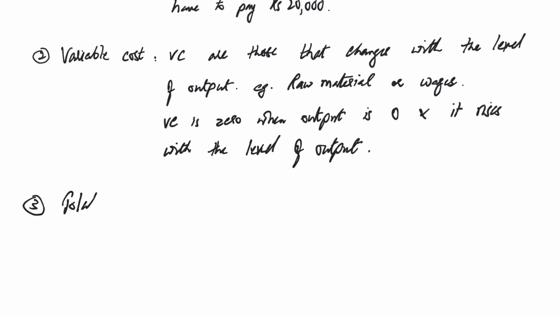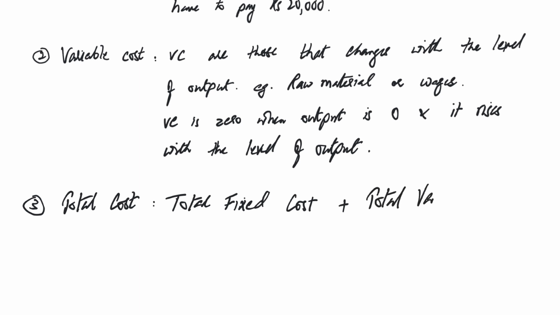Now if you add your total fixed cost with total variable cost, your business will have its total cost, and it will include both the fixed and the variable. Let me give you an example.